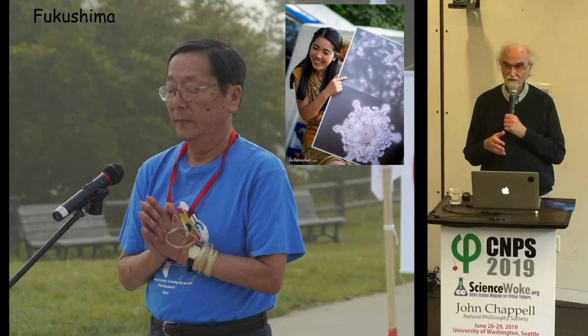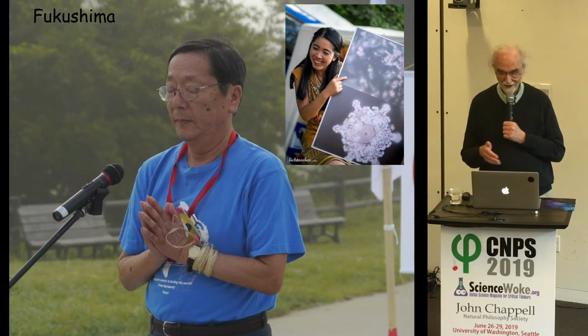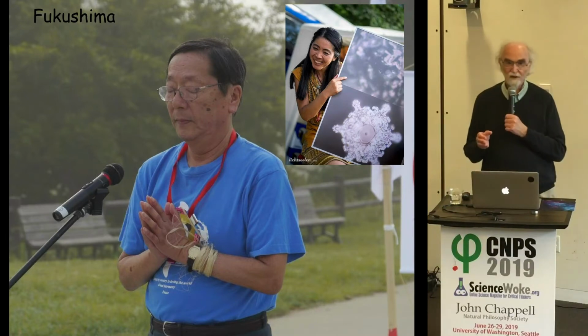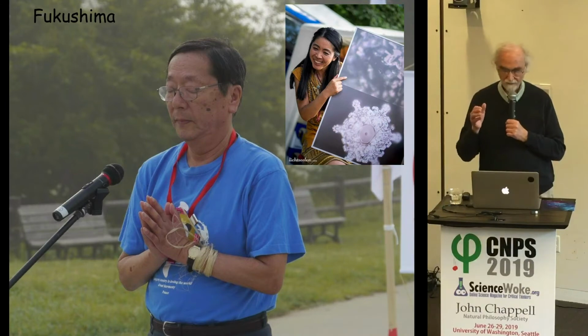We also found, by the way, if you want to freeze water, let me back up a moment. The structure of EZ is not so different from the structure of ice. It's different, but it has the same kind of hexagonal motif.